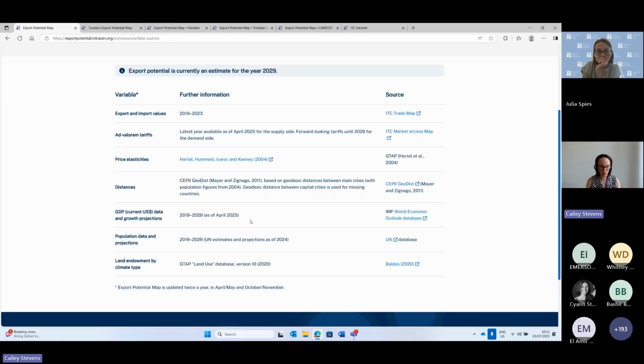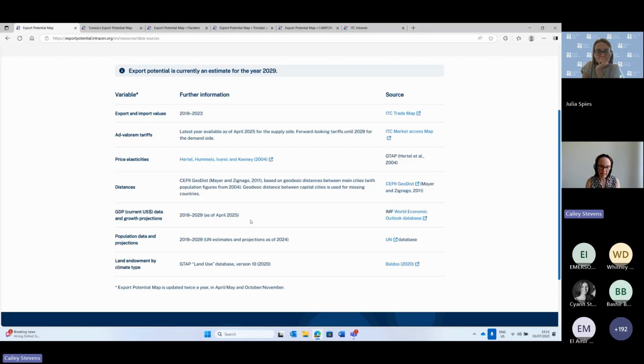We update EPM twice a year when the IMF WEO is released. We're in July, the World Economic Outlook was released in April, so we updated export potential map in May with those new GDP projections from the IMF.